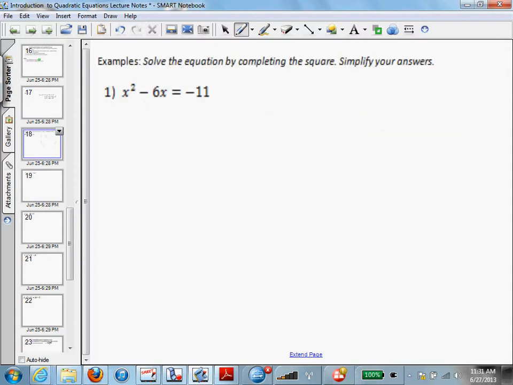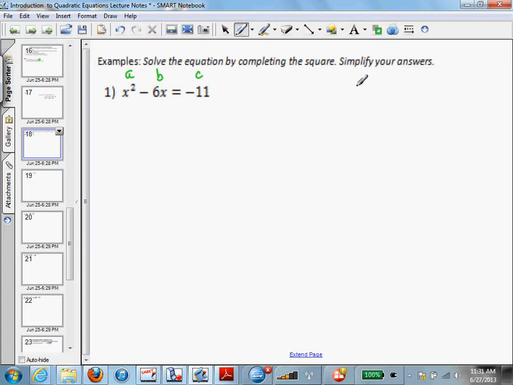So let's get started. Solve the equation by completing the square. Simplify your answers. So we're lucky in that we already have, we can call this A, B, and C terms. Now we already have C away because C would not factor very nicely, or not factor at all, into this problem.